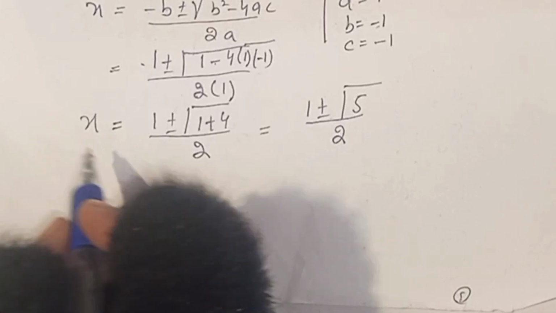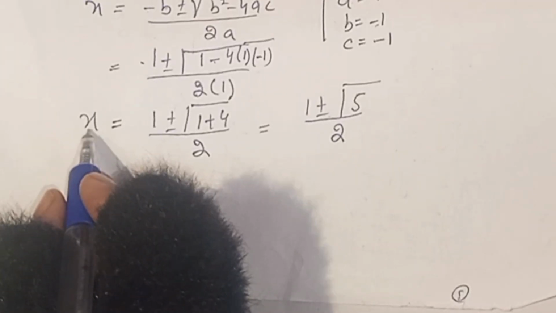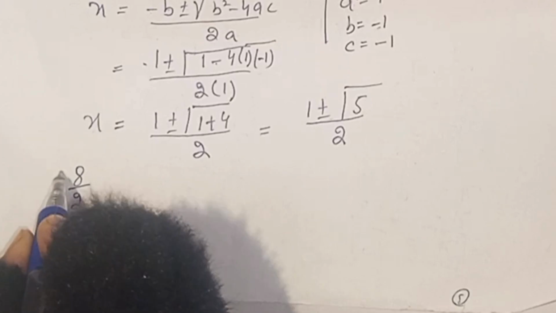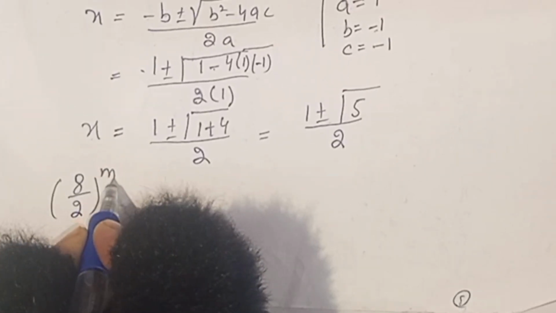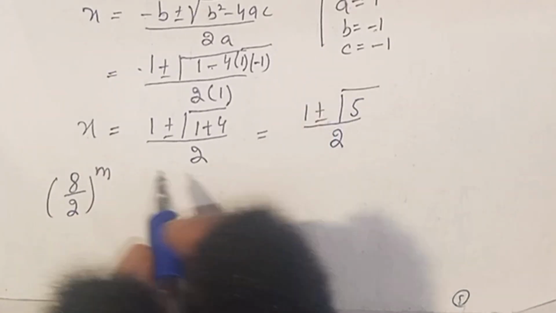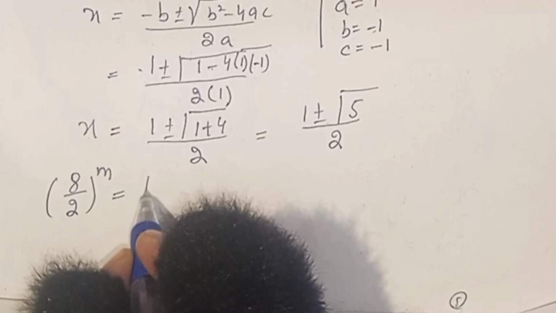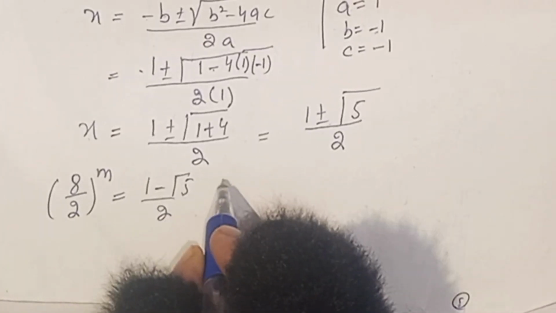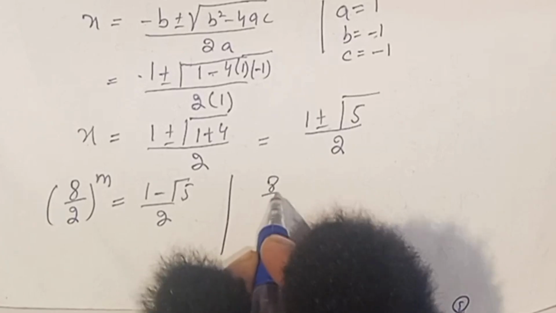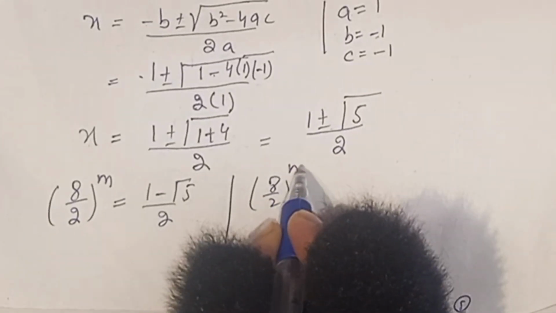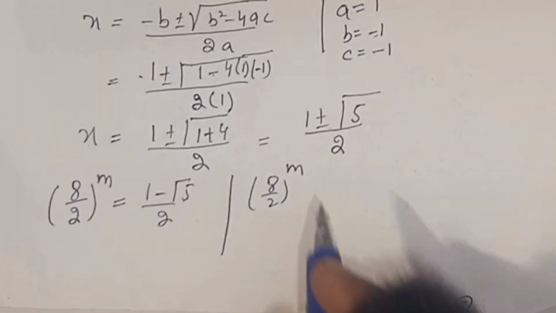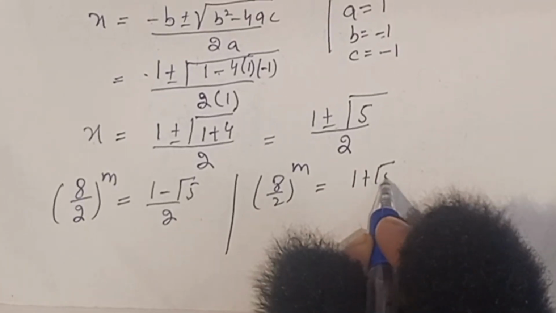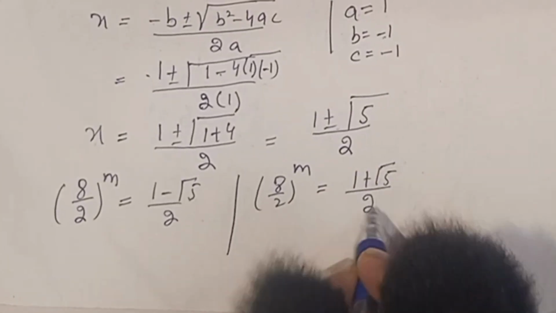And we let that x is equal to (8 over 2)^m. So we separate this value: 1 minus square root 5 over 2, and the second value will be (8 over 2)^m equal to 1 plus square root 5 over 2.